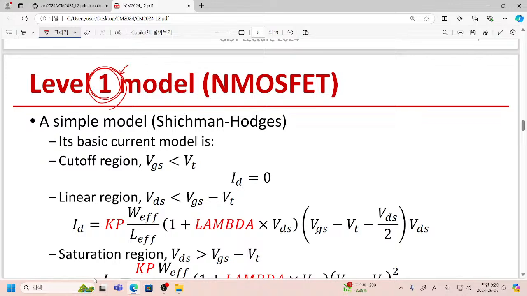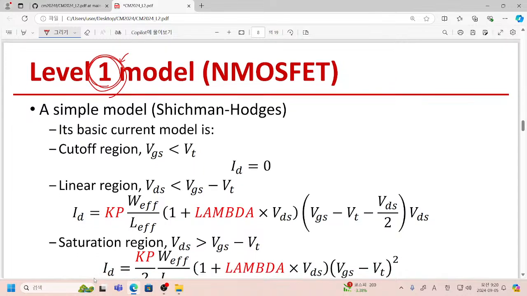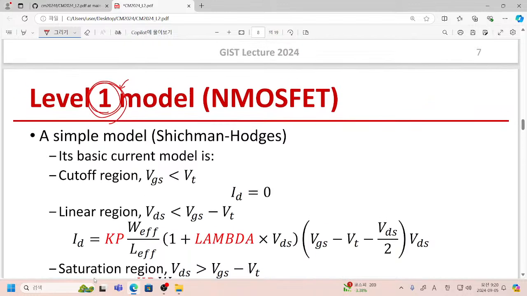So it means that number 1 is the simplest model we can have in a real situation. Of course, this is no longer used practically, but I think it is good to have this model for educational purposes.